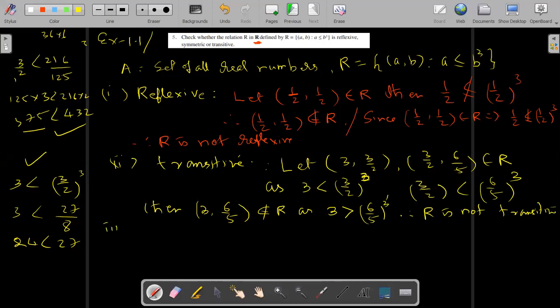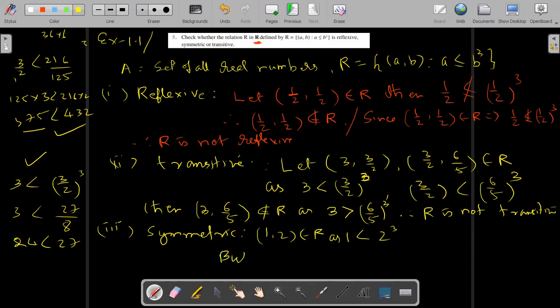Then third, first you write symmetric and then transitive. And symmetric, for symmetric, let (1, 2) belong to R. That implies 1 is less than 2 cube, correct?